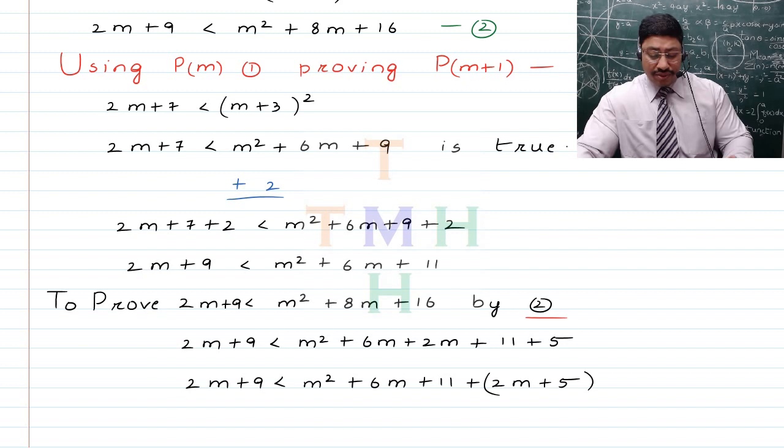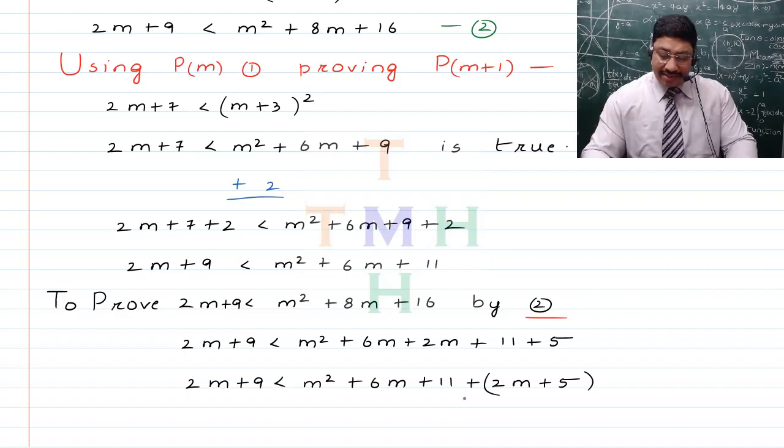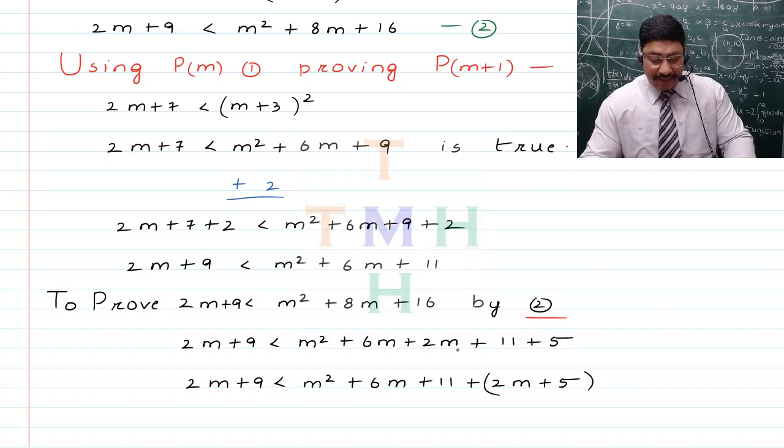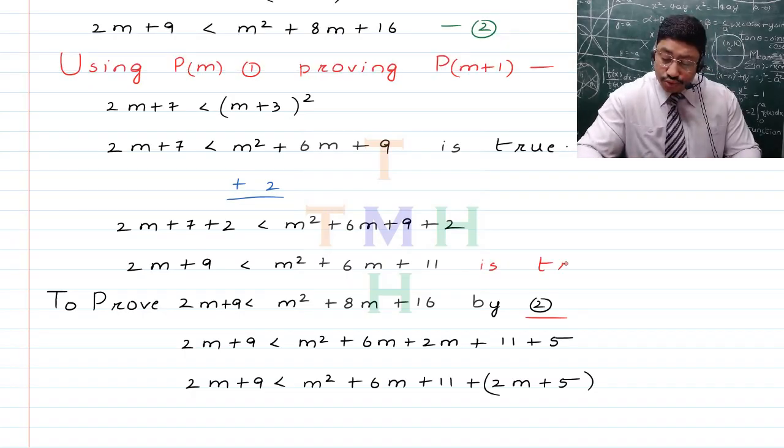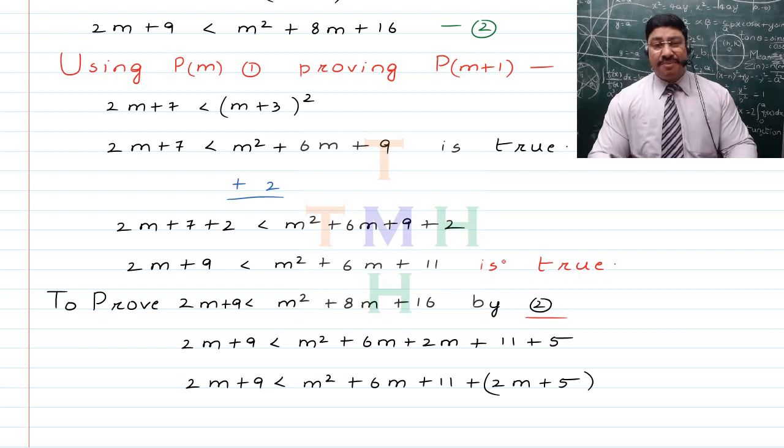And here what you've shown is that if you just add 2 more to 2m plus 7, then you will get here m square plus 6m plus 11, to which 2m more requires to be added and 5 more requires to be added. So here you can even say that if you talk about the change of P(m) by just adding 2, then obviously this statement is also true, like P(m) is true, thus by just adding 2 to both the sides of the inequality, this also is going to be true, right?